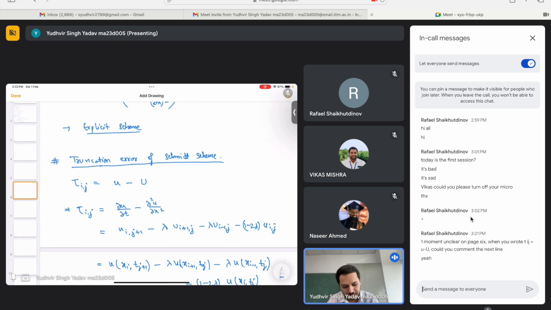Here the truncation error is nothing but the difference between u, the exact solution of the differential equation, and capital U, the exact solution of the finite difference scheme, or finite difference equation.